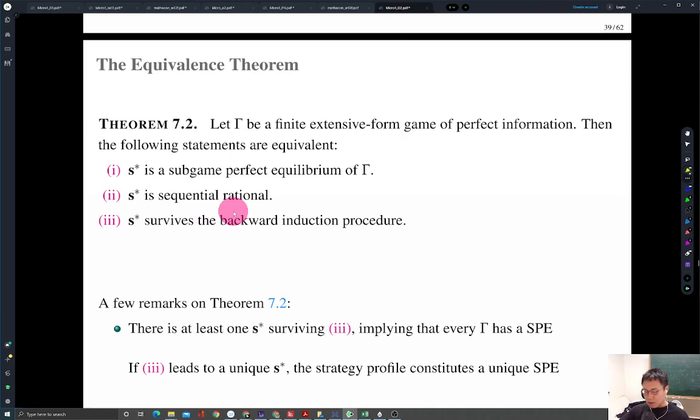So if we find some strategy profile surviving the backward induction procedure, by this theorem, that is automatically subgame perfect. And the other way is also true. If we find a subgame perfect equilibrium, so we investigate players' rational behavior in every possible subgame, that strategy profile, SPE, will survive the backward induction procedure.